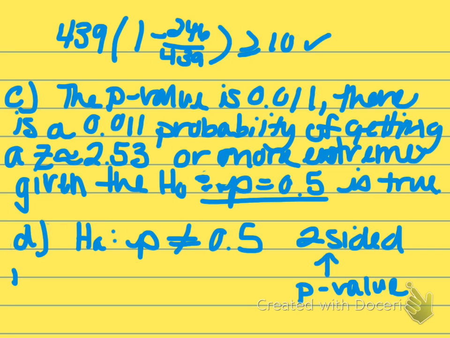So D, your p-value is equal to 0.011. Since that is less than alpha equals 0.05, you have evidence for HA.